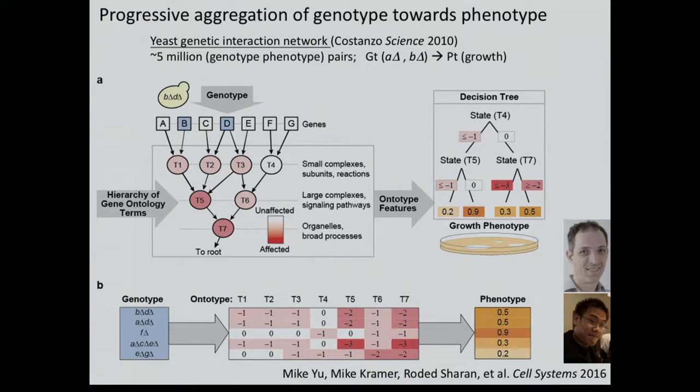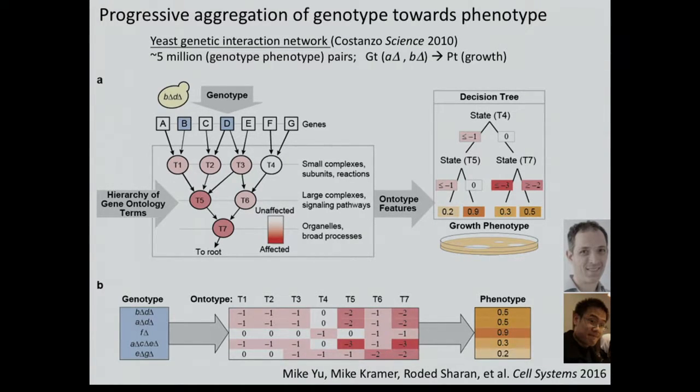And here you can see how ontotype begins to coalesce different genotypes into similar or the same states. As a toy example, if you disrupt genes B and D, from the point of view of the ontotype, that is the same disruption as a disruption of A and D. Why? Because A and B are equivalent. They are both assigned to the same term. Here a -1 means 1 disruption, -2 means 2 disruptions underneath that term, and 0 means no disruptions.